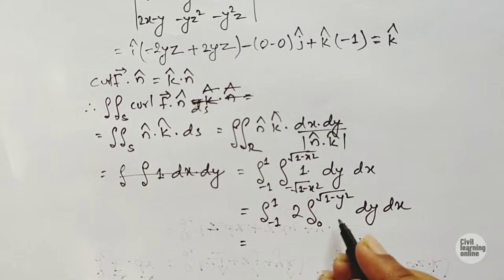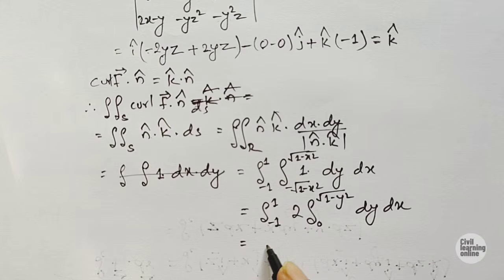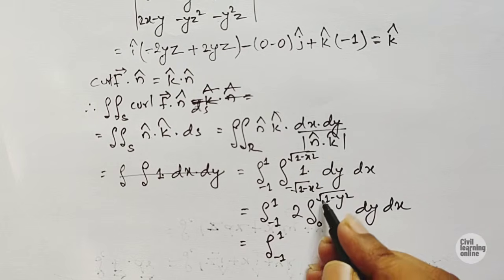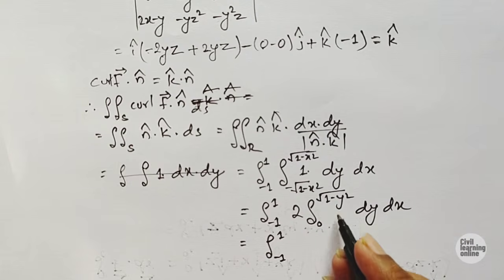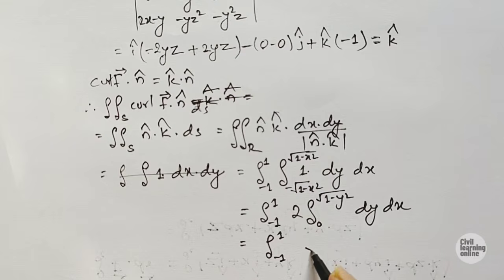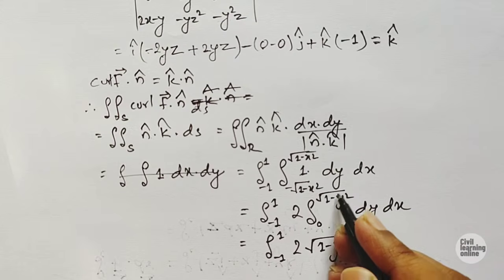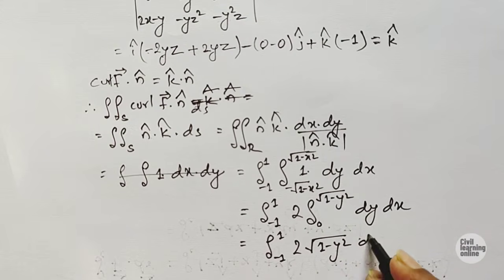On integrating 1 with respect to y, we will have y, so putting the upper limit, we have the integration from minus 1 to 1 of root under 1 minus x square, and 2 as it is, and the lower limit will be 0, dx.